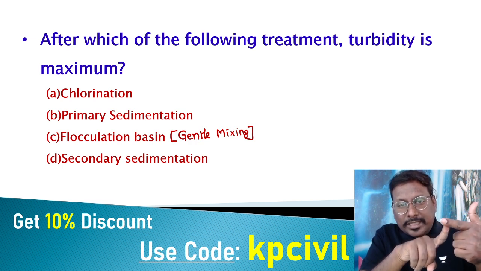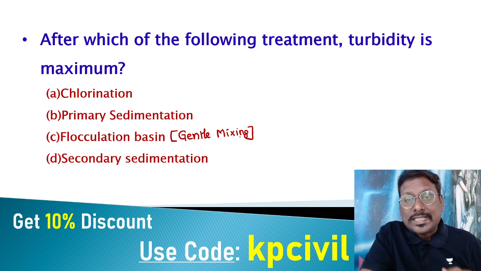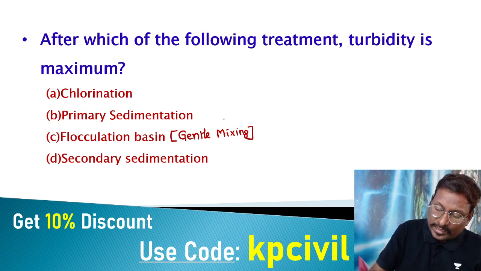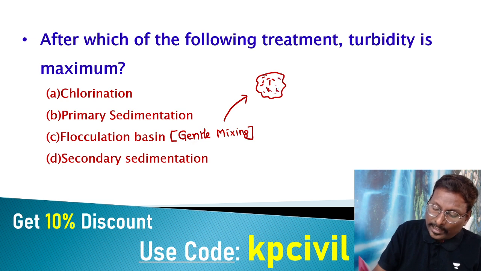Second phase gentle mixing or flocculation. Third phase secondary sedimentation, type 2 settling. Gentle mixing results in the formation of a gelatinous, opaque, white color viscous mass, and that is called floc.